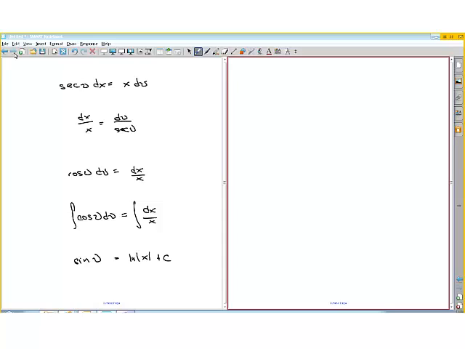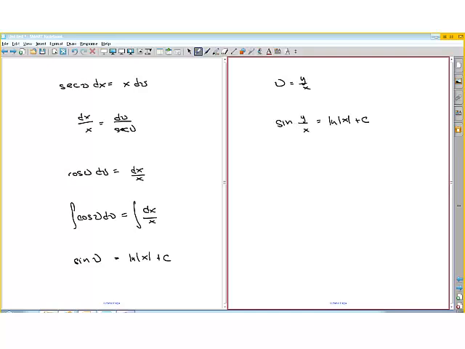But let's go ahead and substitute back in. Mu is equal to y over x. So we get the sine of y over x is equal to the natural log of the absolute value of x plus c.